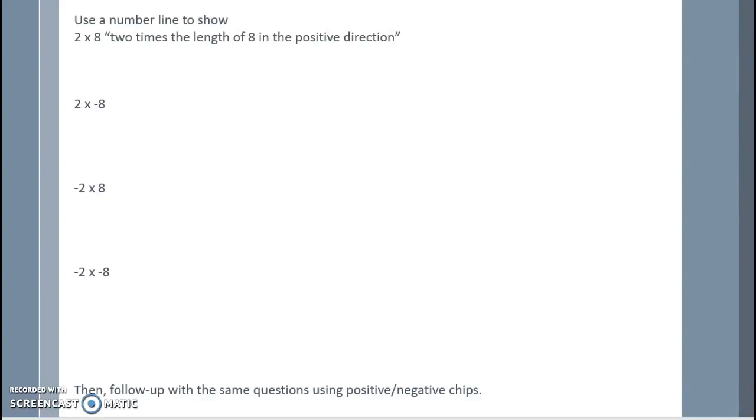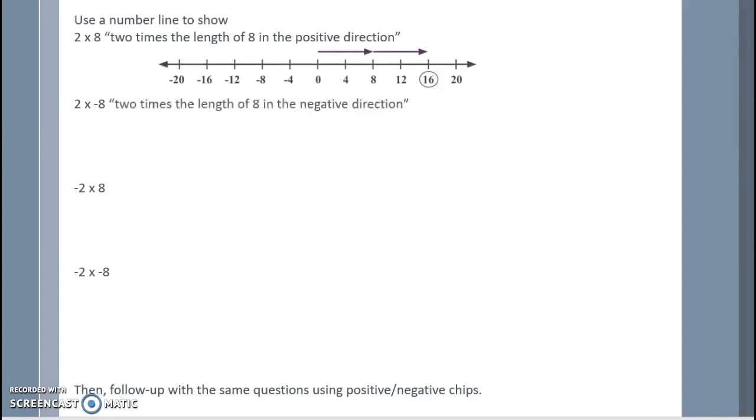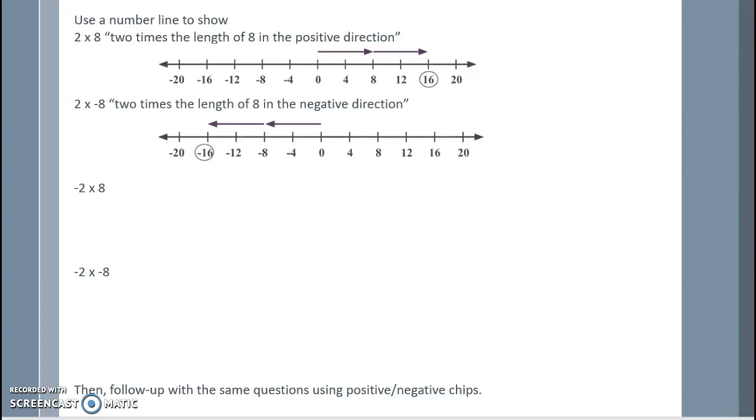So we want 2 times the length of 8 in the positive direction. So we start at 0, there's 8, and we go twice to get to 16. Here we want 2 times the length of 8 in the negative direction. So we go 2 copies of 8 in the negative direction for negative 16.